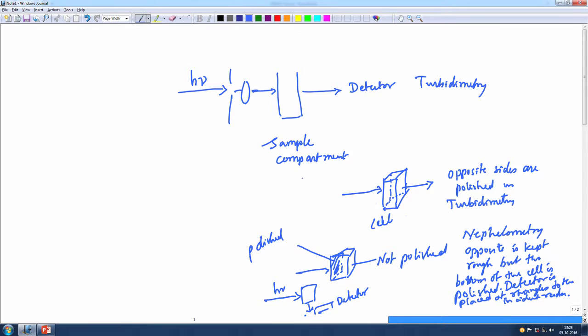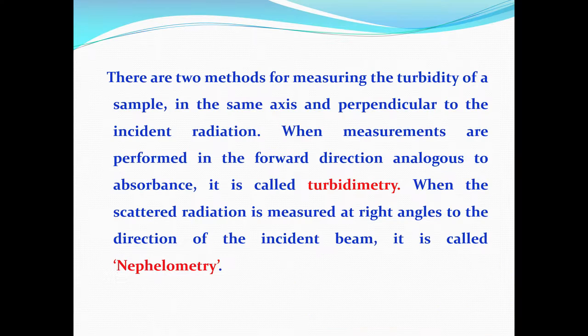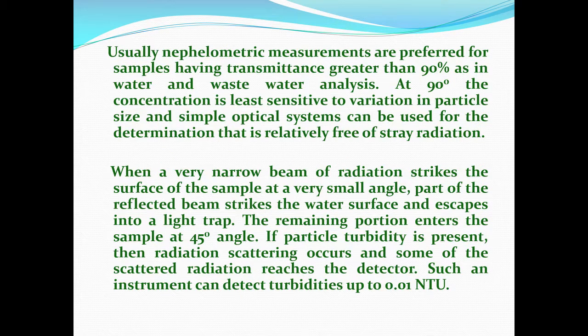Okay. But otherwise there is not much difference, except that the optics design for nephelometry is slightly different from turbidimetry. Only in this aspect it differs. So, usually nephelometric instruments are preferred for samples having transmittance greater than 90%.